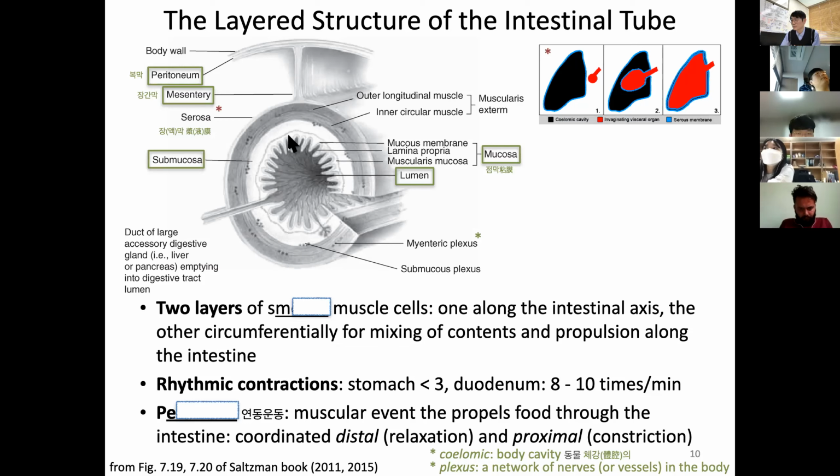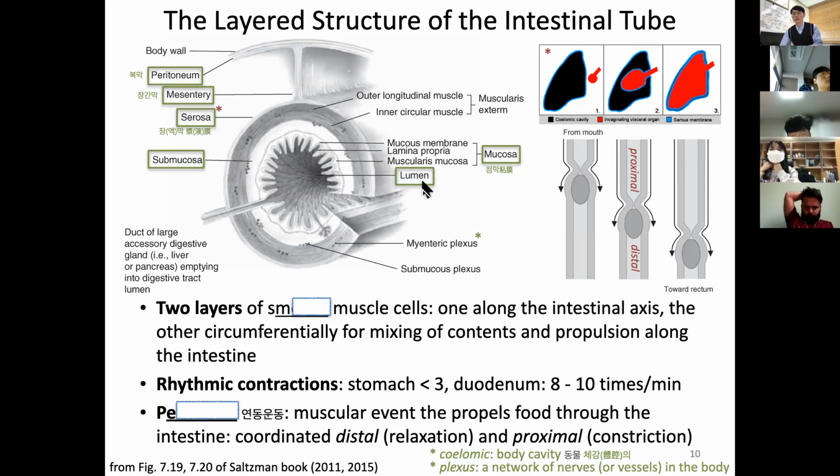And then below this mucosa, we call it the submucosa. Its role is connecting the epithelial layer to the muscular layer. And the outer part of this gut, like in a gopchang restaurant, is called the serosa. Right? And how the foodstuff comes down from the liver is based on this movement.